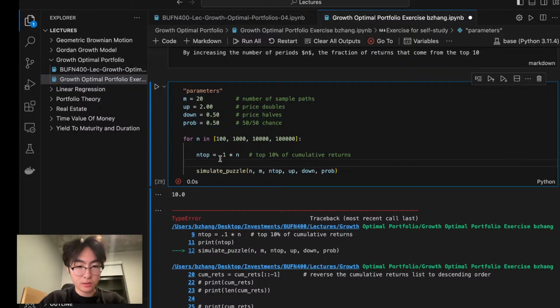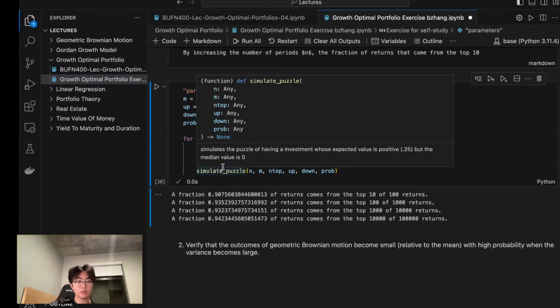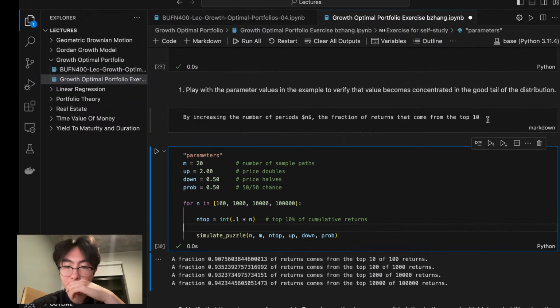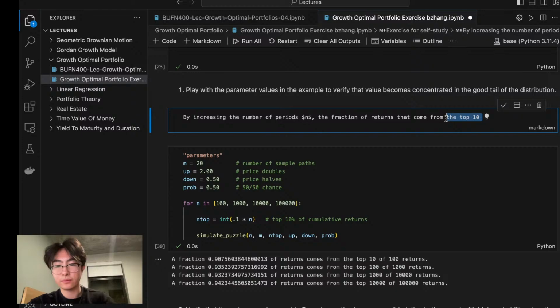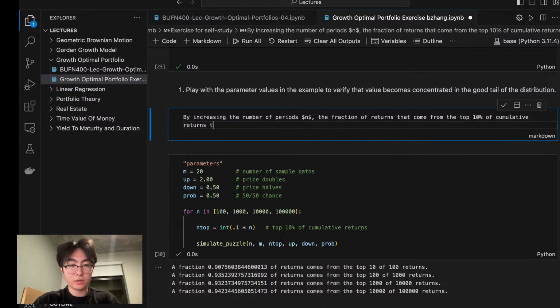Okay, maybe I can just cast this into an int. See if this works. Nice, okay. From the top 10% of cumulative returns tends to increase as the number of periods increase.